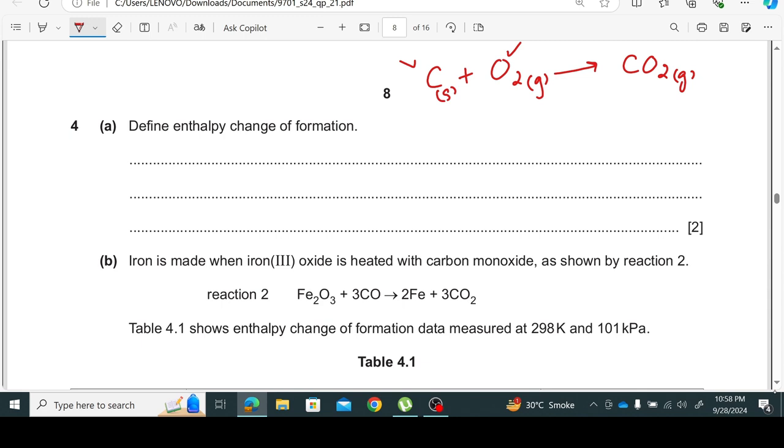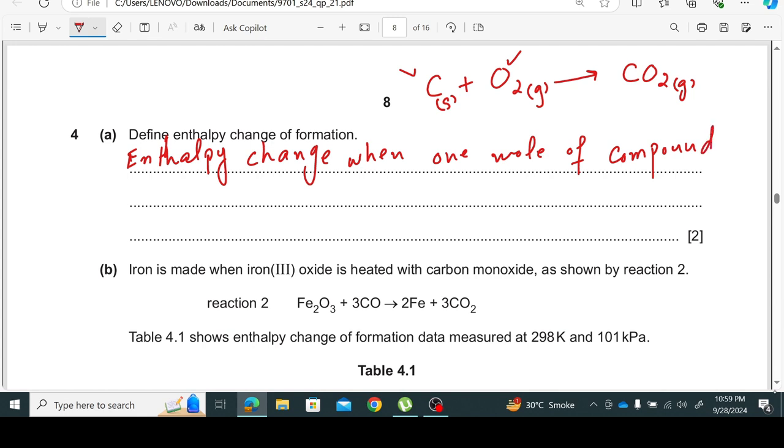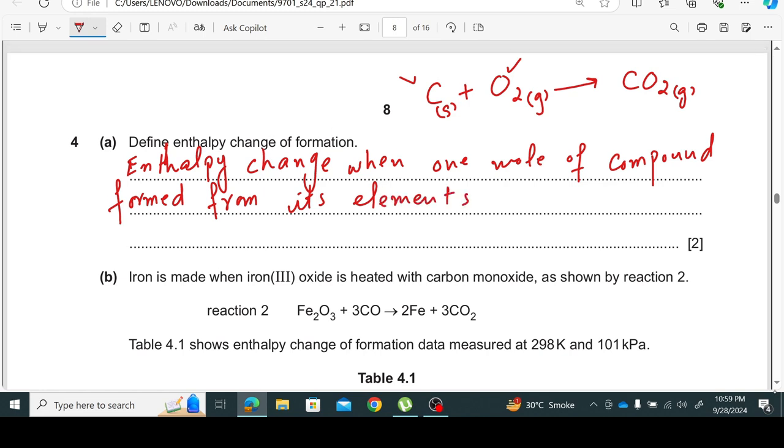Enthalpy change when 1 mole of a compound is formed from its elements in their standard physical states, okay, in their standard states.